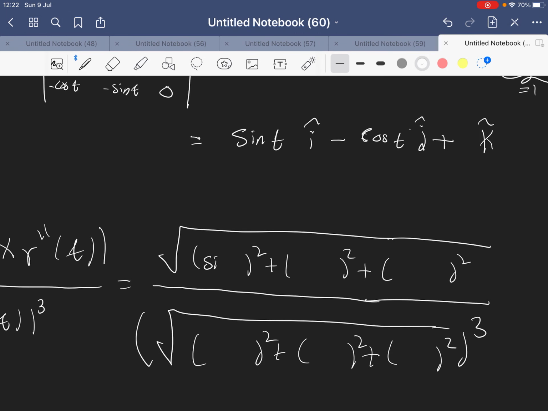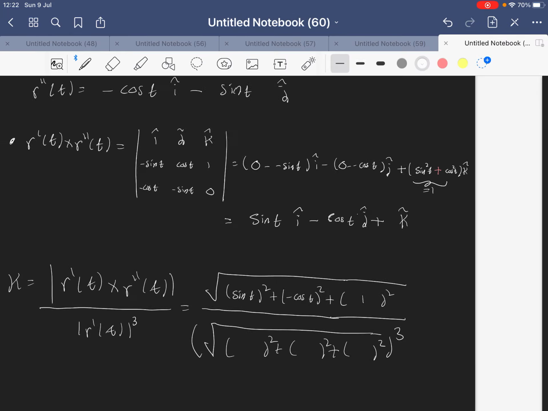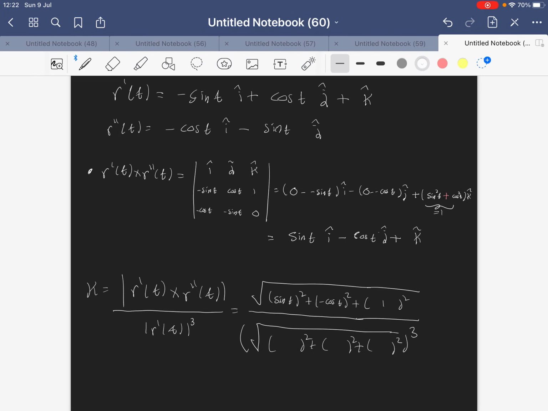This is sine t, this is minus cosine t, and this is 1. Down here, we need to go to the derivative, which is minus sine t, cosine t, and 1. They are exactly the same, actually.